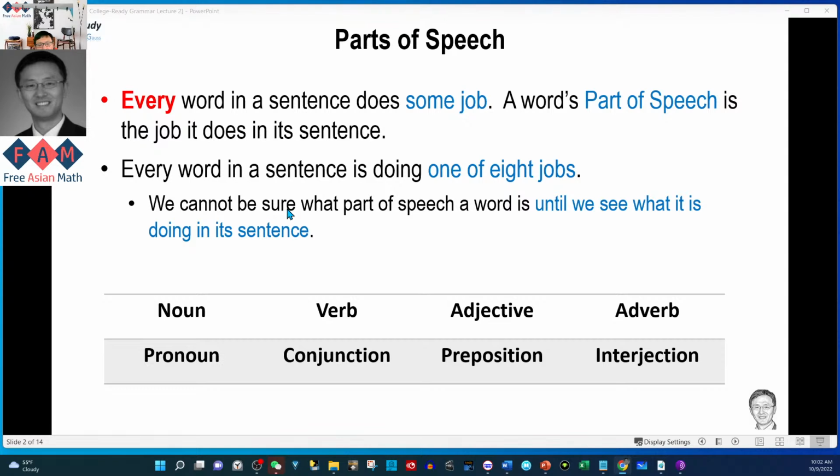The other four, pronoun, conjunction, preposition, and interjection, are kind of just functional glue words that connect more informative words like nouns, verbs, adjectives, and adverbs. So in that sense, they do not provide much information by themselves. We'll see how that works later as we go along.